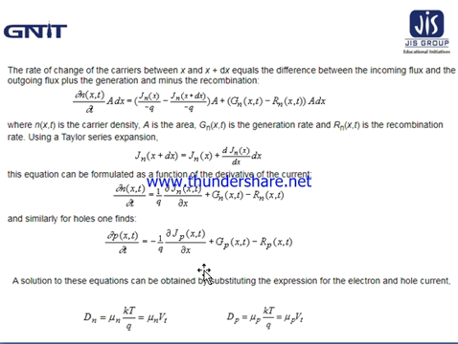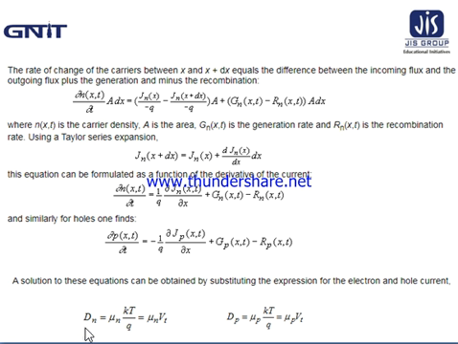Now if we take a solution of this equation, it can be obtained by substituting the expression for the electron and hole current, which is Dn equals mu n kT by q equals mu n VT, and Dp equals mu p kT by q equals mu p VT.